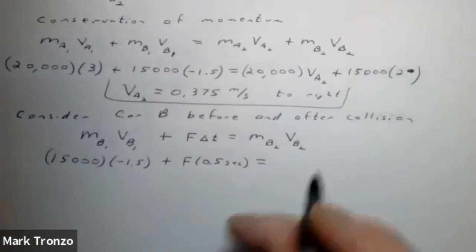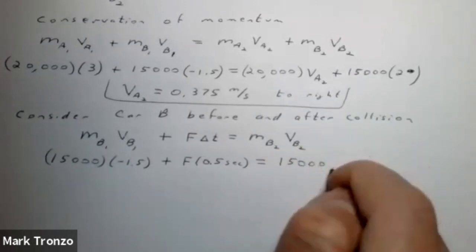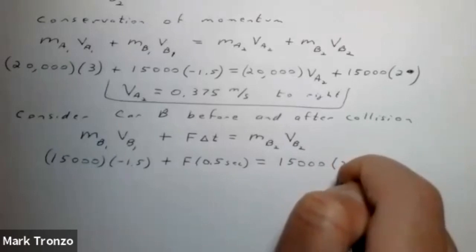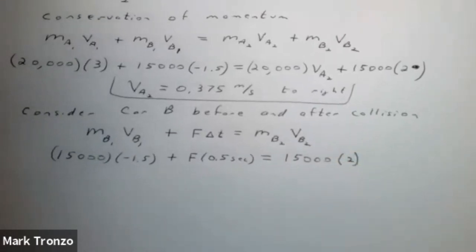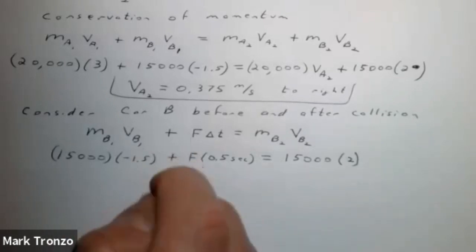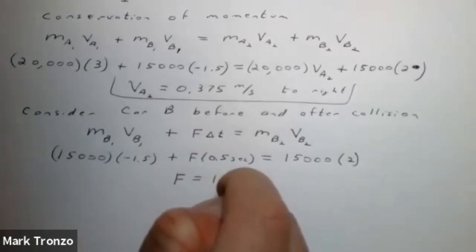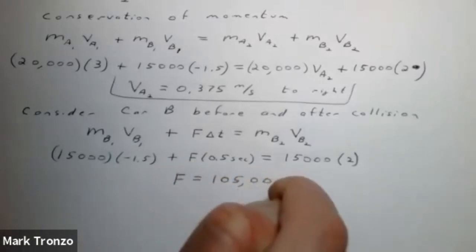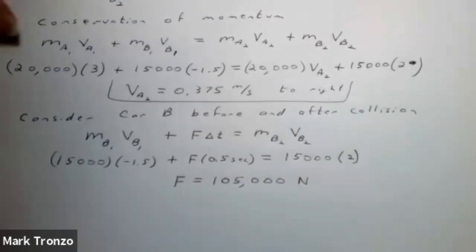And then it's going to be equal to 15,000 times the final velocity of B, which we were given was 2. So our only unknown is F. If you put this in your calculator, you would get F equals 105,000 newtons.